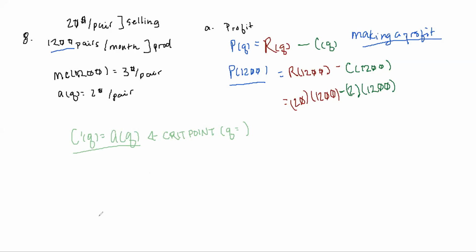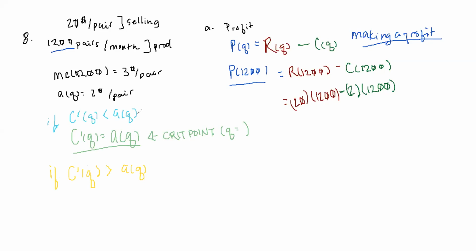Then on either side, we have the condition if C prime of Q is greater than average cost, and the condition if C prime of Q is less than average cost. And this will tell you if increasing production will increase or decrease average cost.